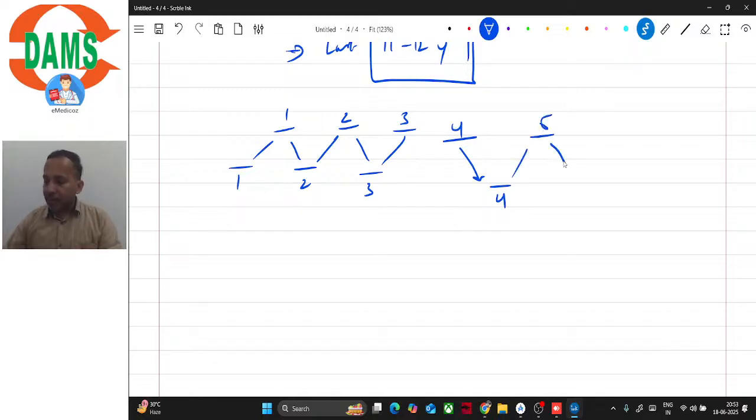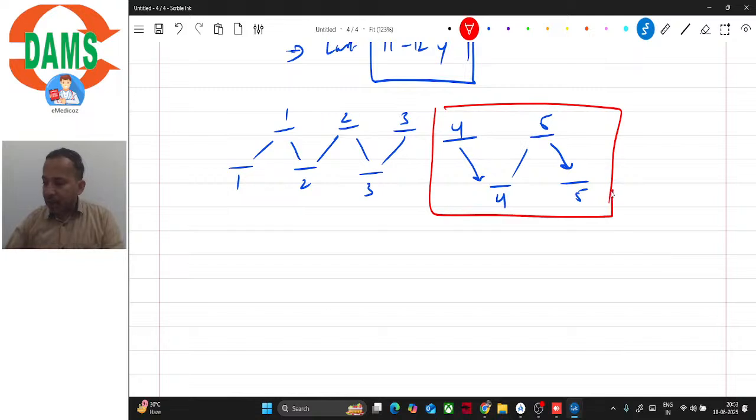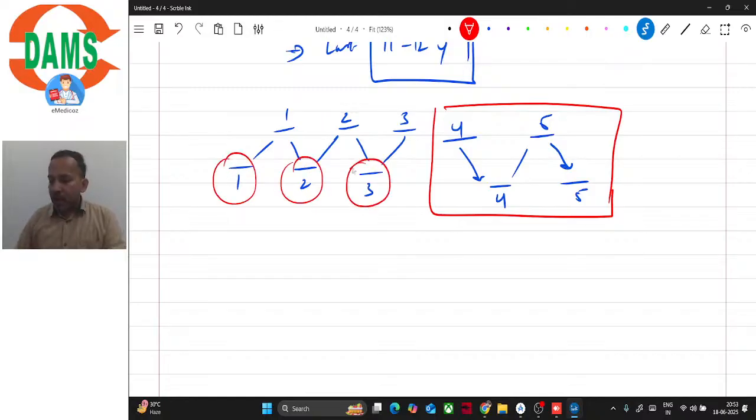And after maxillary second premolar, mandibular second premolar erupts. So as you can see, the sequence of eruption changes in the premolar segment. Everywhere else, the mandibular teeth are erupting ahead of their maxillary counterparts, right?